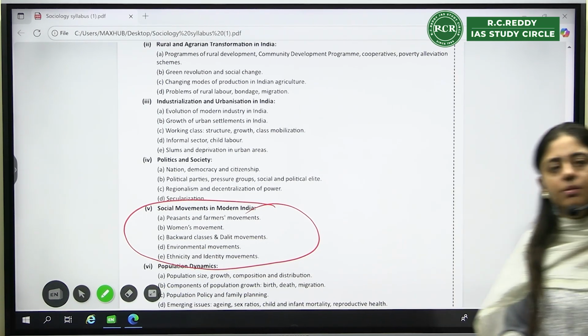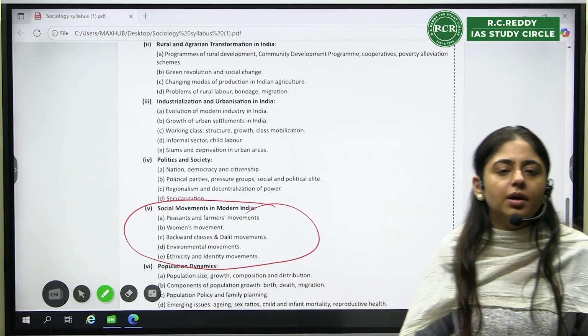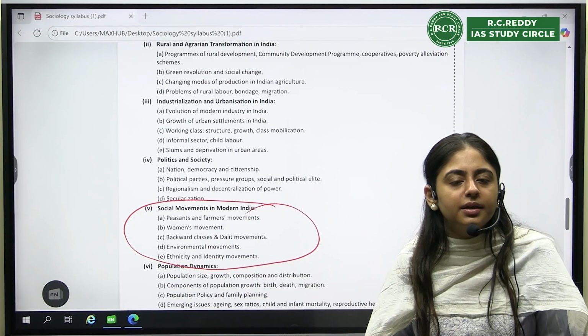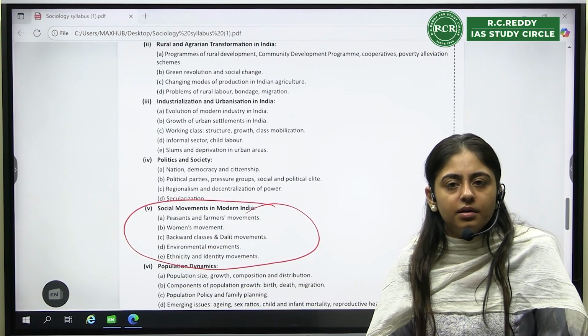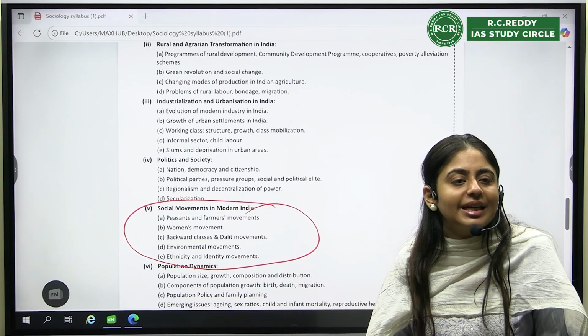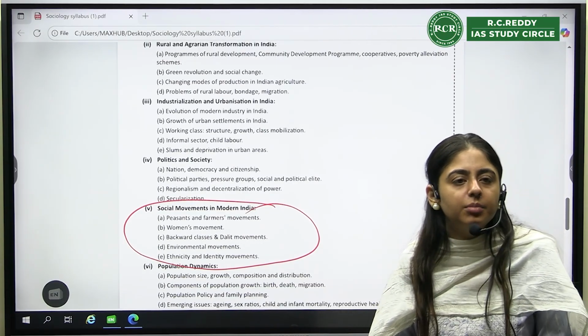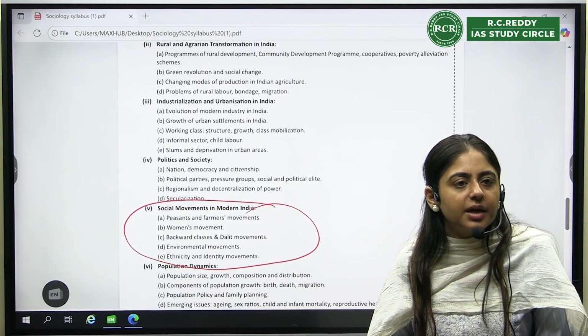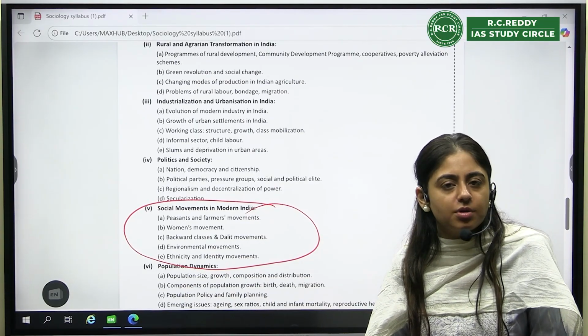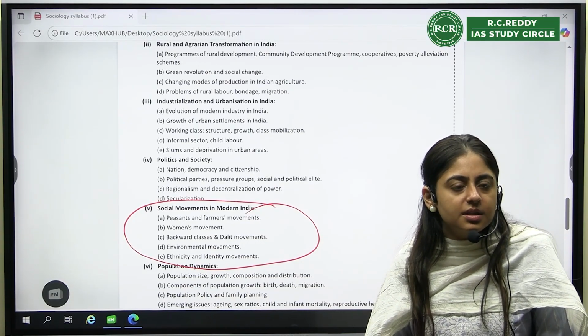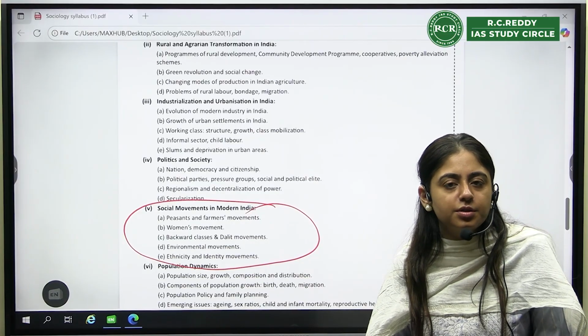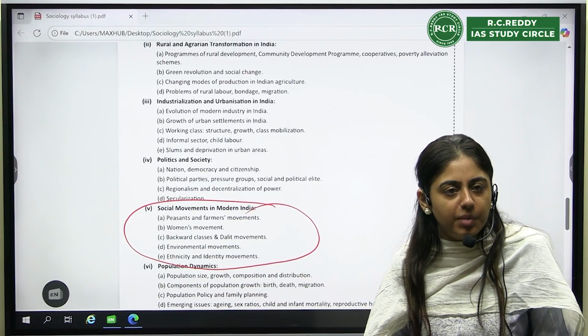And for paper 2, I will be giving you a lot of extra content when it comes to examples or case studies. Case studies come from one magazine known as EPW. EPW is a very good magazine for sociology students, but its subscription is very expensive and it's not easy for you to read every month.